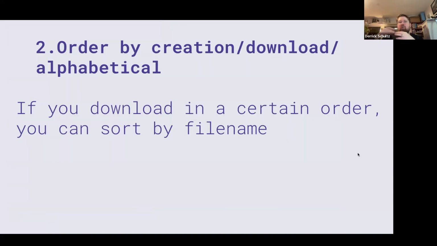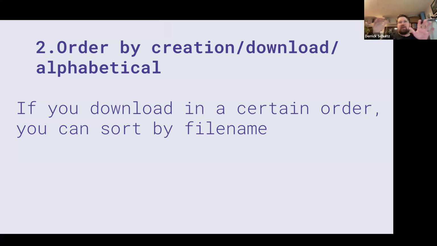Again, we talked about this a little bit, but ordering by alphabetical or by creation or by download is very easy to do with FFmpeg tools. What I was doing is downloading images from Midjourney as I was making them for that second sequence, and they downloaded in an order that was already sortable. I would generate one image, generate a couple of subtle variations from it, then generate a strong variation, and I was just downloading in sequence.